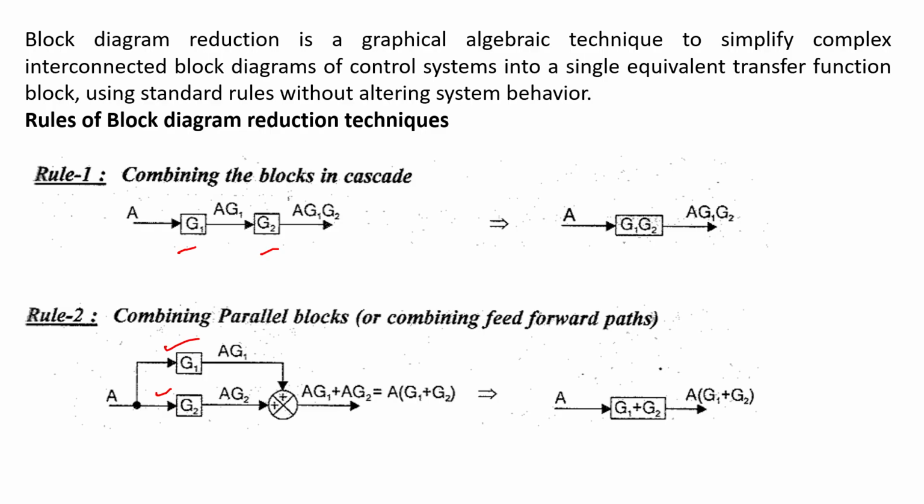Depending upon the summing point sign, we write the equivalent block as G1 plus G2 or G1 minus G2. Here from the figure, G1 and G2 are two transfer functions in parallel, and the equivalent form is the addition of the two blocks, G1 plus G2.